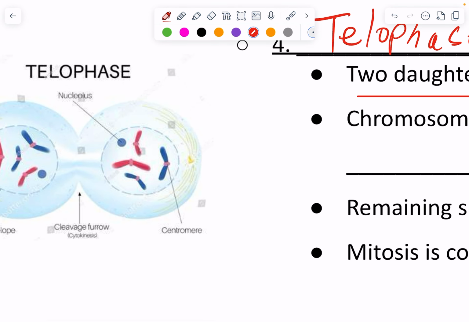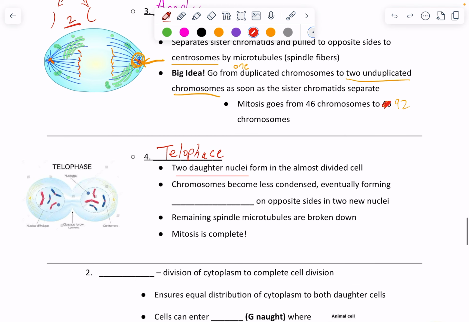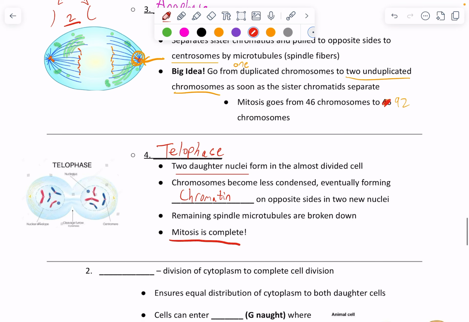So we can kind of see our sister chromatids, which are our chromosomes. They are going to decondense, eventually forming our chromatin. So now we're basically putting cells back into interphase here in a second. The remaining spindle microtubules that were used to move those chromosomes to opposite sides are broken down, and mitosis is complete.